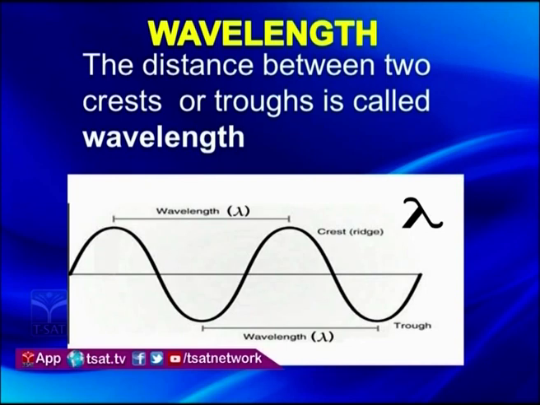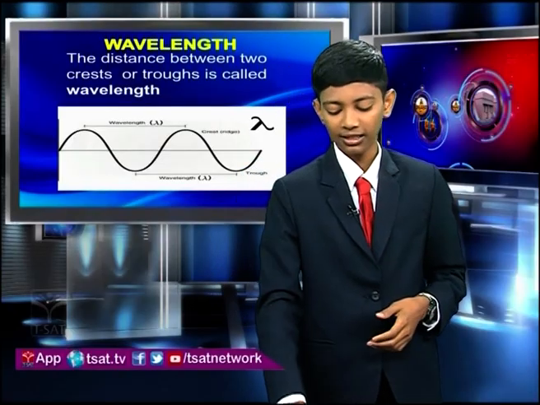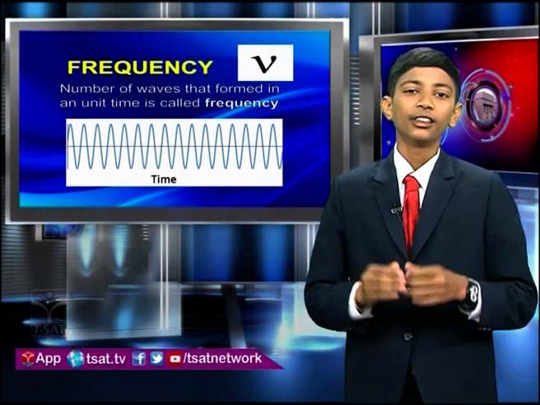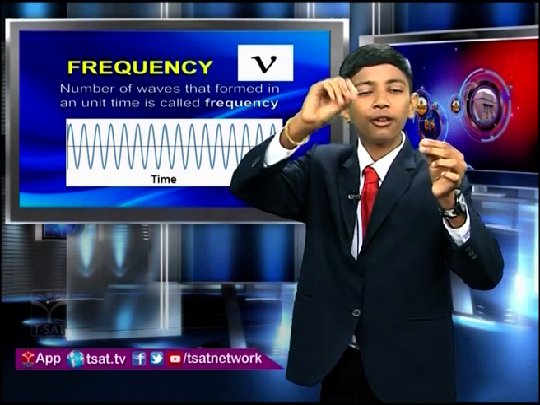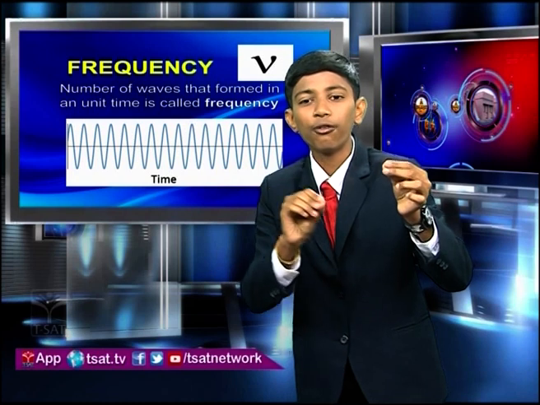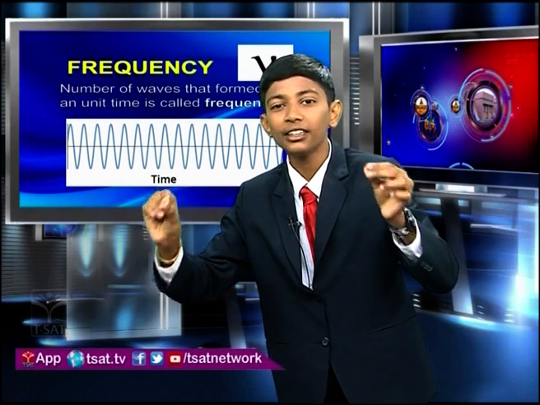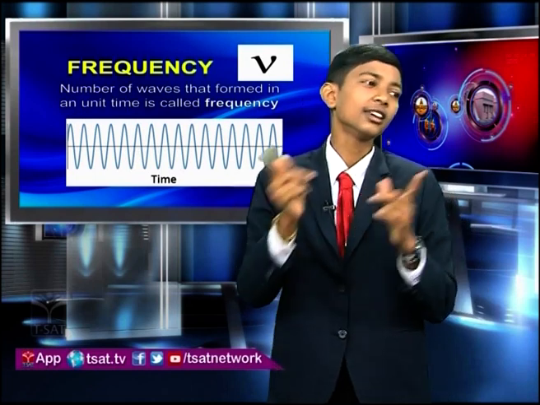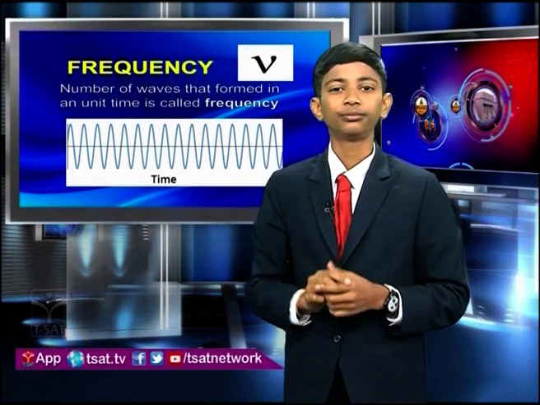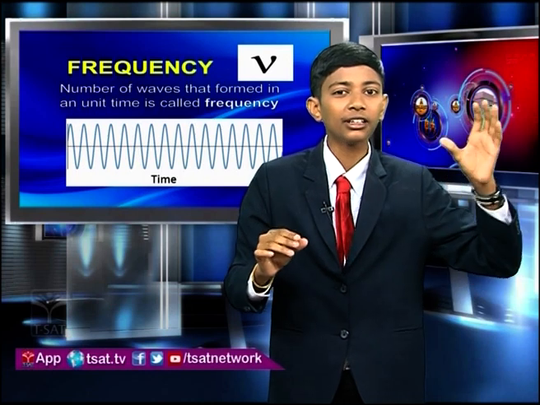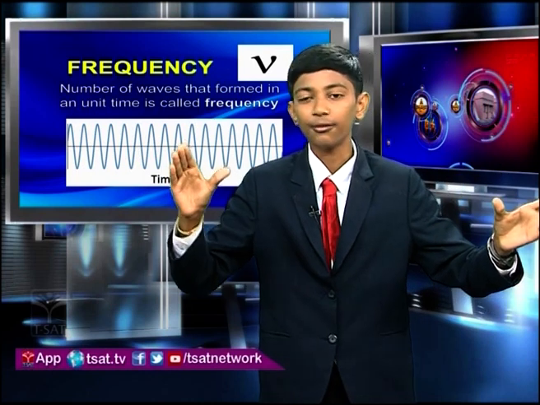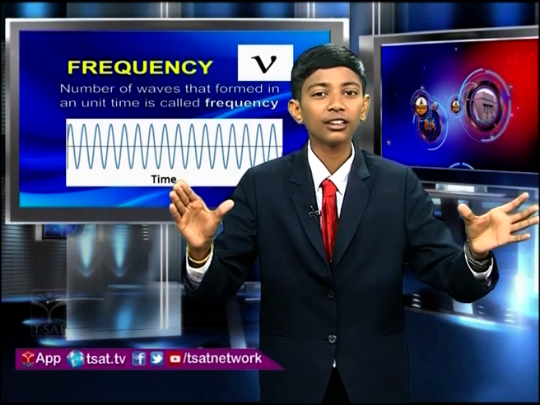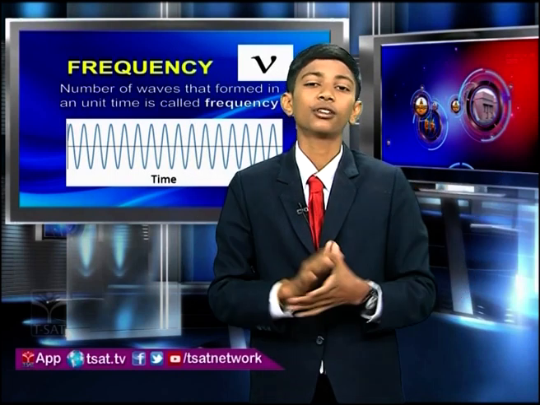The second parameter is the frequency. The number of waves formed in unit time is called frequency, and this frequency is denoted by nu. So wavelength and frequency are the two main parameters of waves.